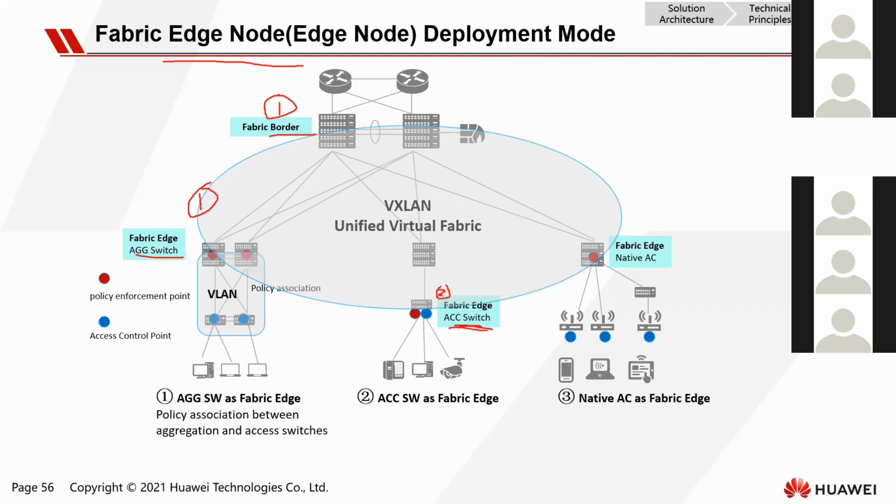Then the aggregation can be configured as transparent, so it will just transparently send the packets to the fabric border. This is the second solution, and the third solution is to have a native AC as the edge. So in our cloud campus we have three ways to deploy the edge: first on the aggregation, second on the access switch, and third on the native AC.